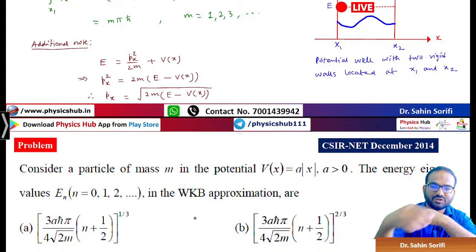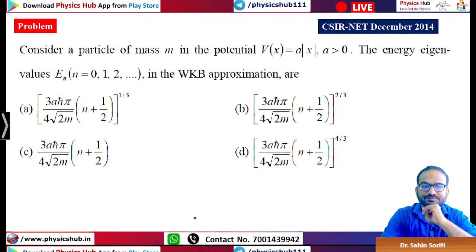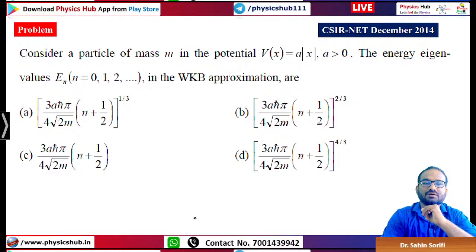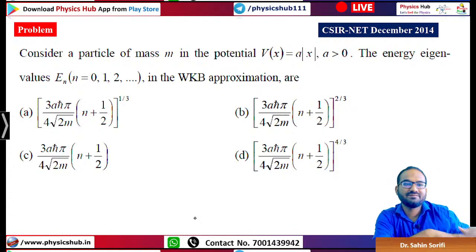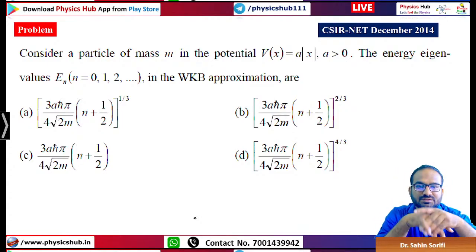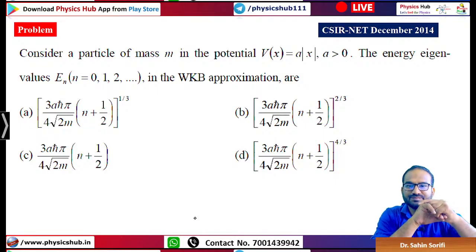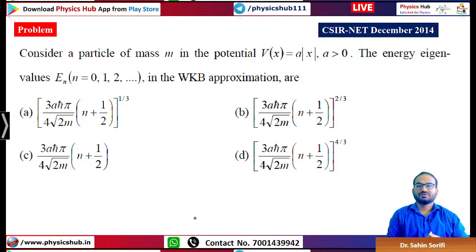Let's solve some problems, then it will be more clear to you. Consider a particle of mass m in the potential V of x equal to a mod x, where a is greater than 0. Find the energy eigenvalues, n equals 0, 1, 2, in the WKB approximation. Can you do this problem?